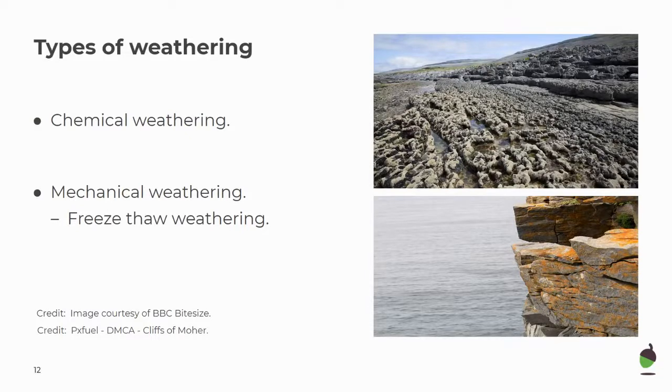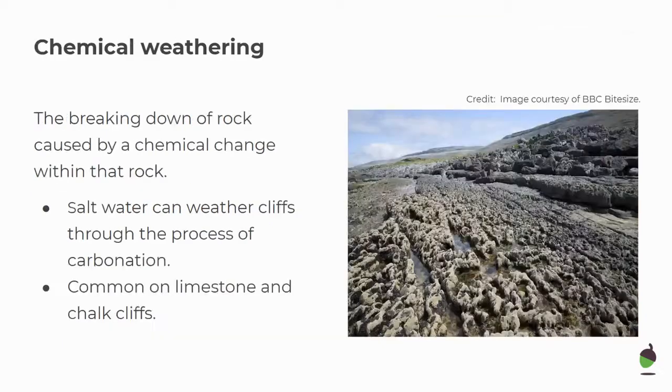There are 2 types of weathering. In the photo on the top right, we can see chemical weathering. Then the second type of weathering is mechanical, and we're going to look in more depth at freeze-thaw weathering in particular. Chemical weathering is the breaking down of rock caused by a chemical change within that rock.